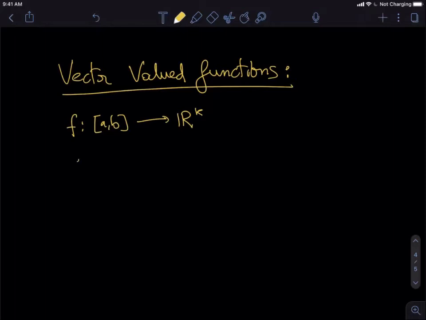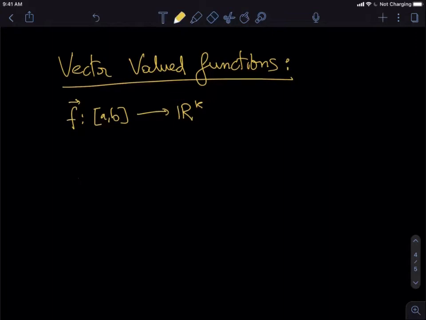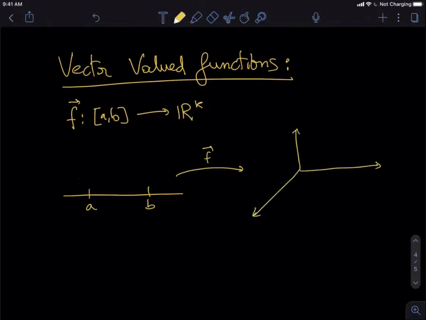In this case, to compute, here we are going to use an arrow to distinguish that the function is taking some time interval, okay, let's say from a to b, and it's mapping it, let's say it's going to k equals 3.